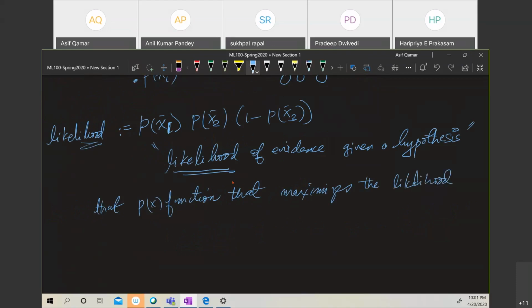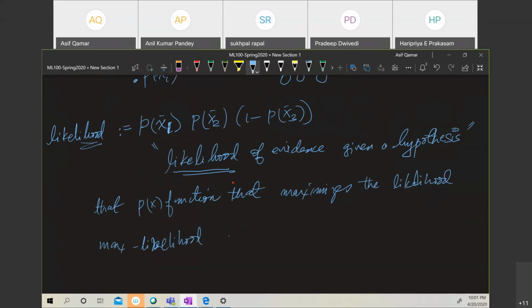You say, well, that is simple. I want to pick the hypothesis, or that probability function, which is most likely to produce the evidence that I'm looking at, the training data that I have. And so you create a likelihood function, and now you want to maximize this. So max likelihood, right?